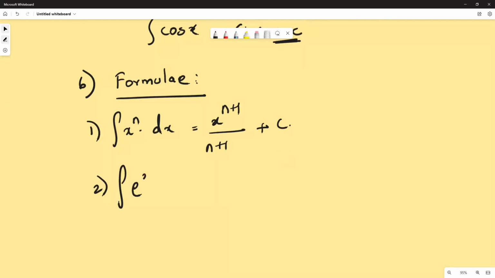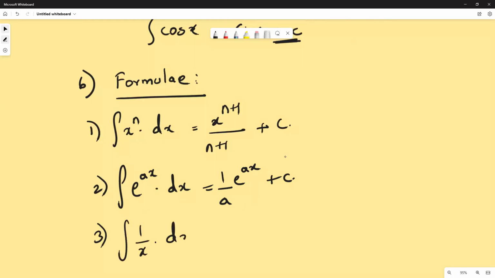Integral e power ax dx is equal to 1 by a e power ax plus c. Integral 1 by x dx is equal to log x plus c. Integral a by x dx is equal to a into log x plus c.